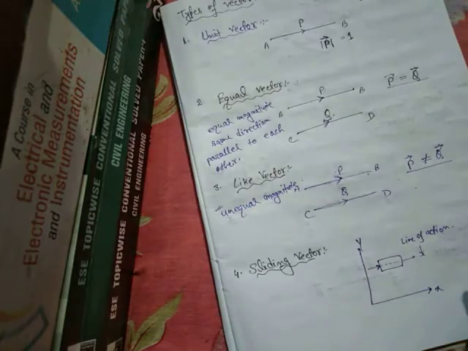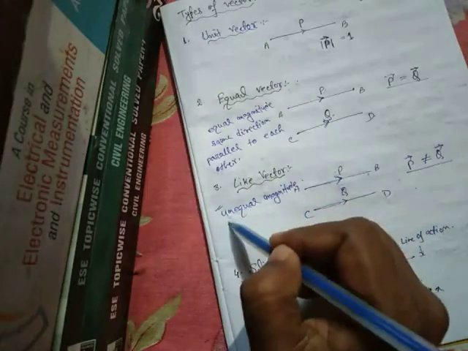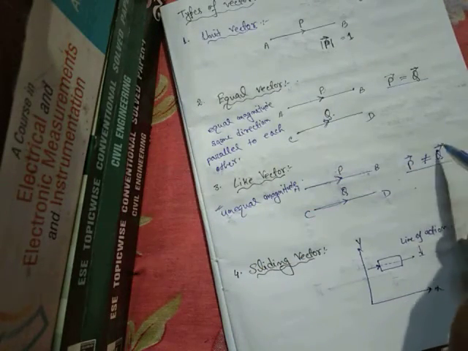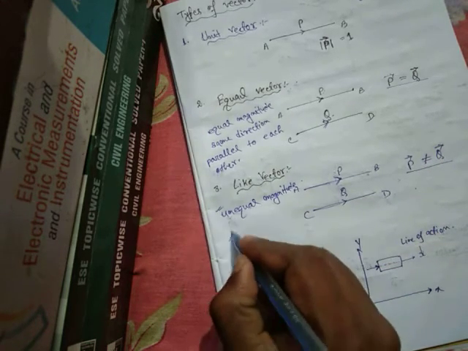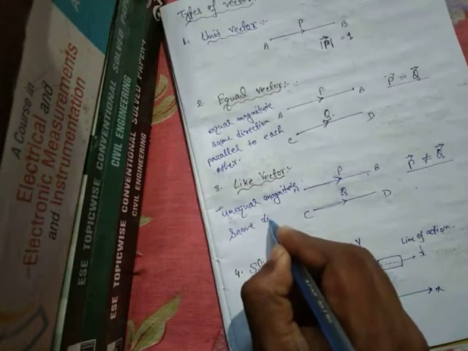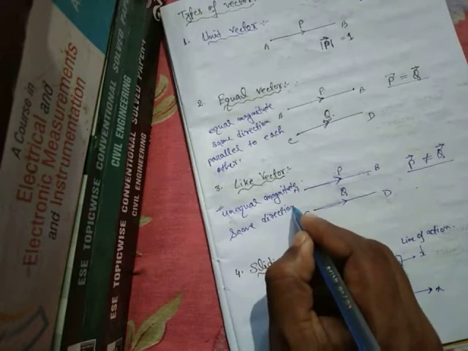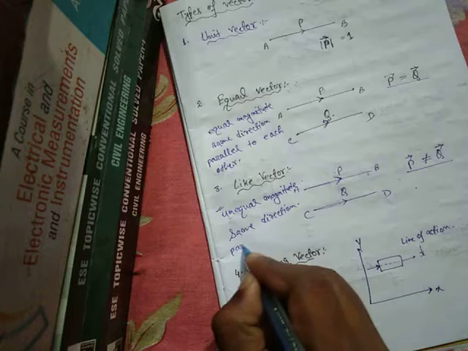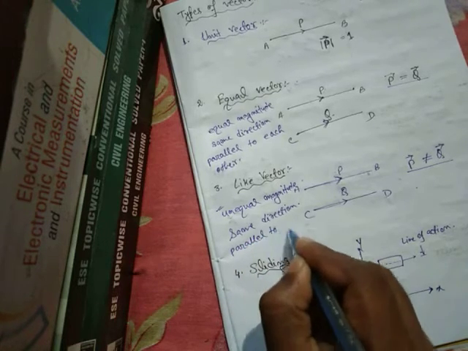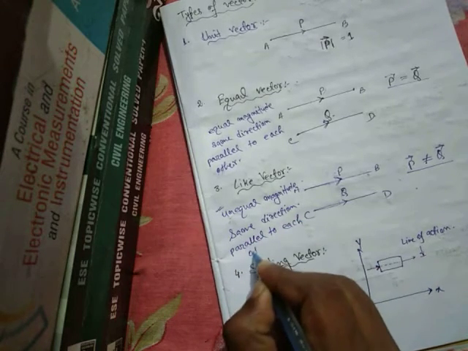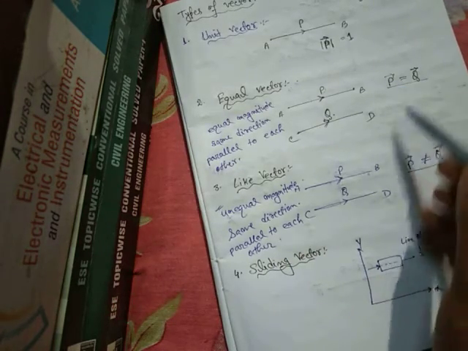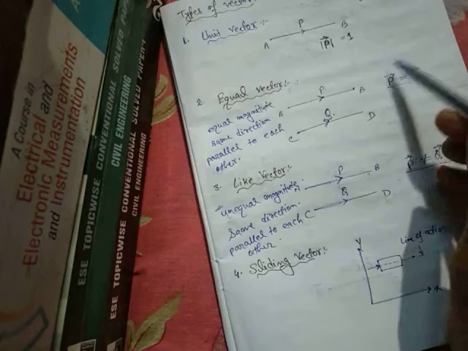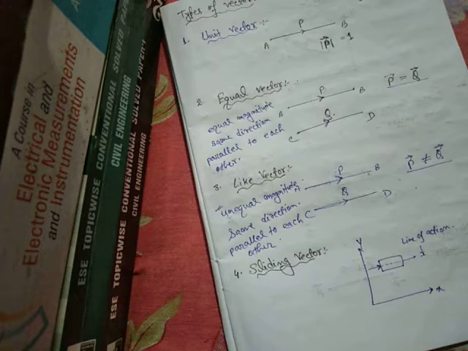Only the difference is that the magnitudes are not equal to each other, and the direction is the same, parallel to each other. Only difference between equal and like vector is the magnitudes are not equal in case of like vector.